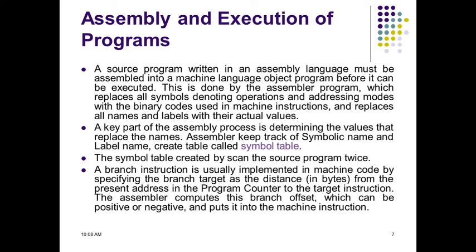In some cases, the assembler does not directly replace a name representing an address with the actual value of this address. For example, if you take a branch instruction, then the name which specifies the location to which a branch is to be made, the branch target, is not replaced by the actual address.